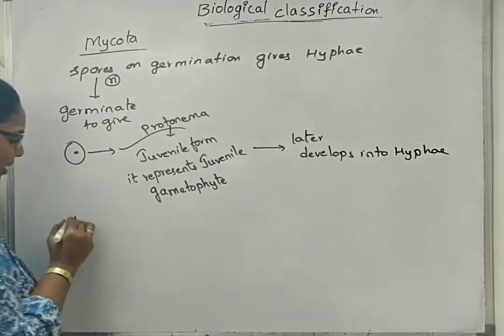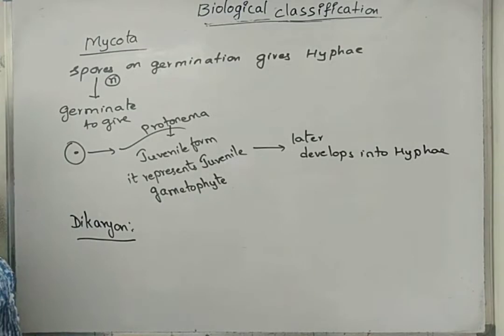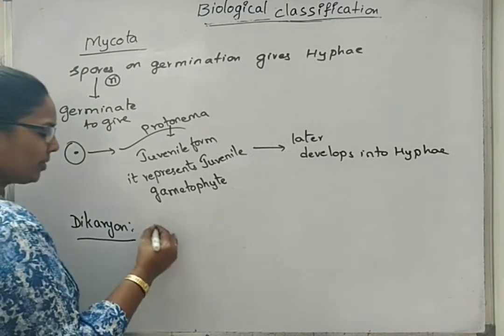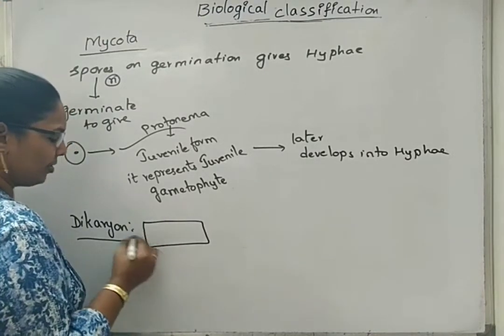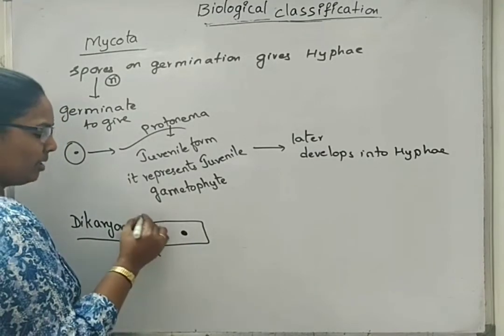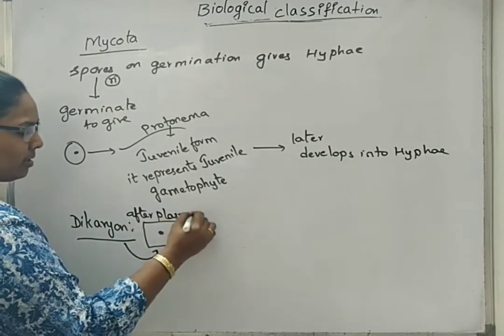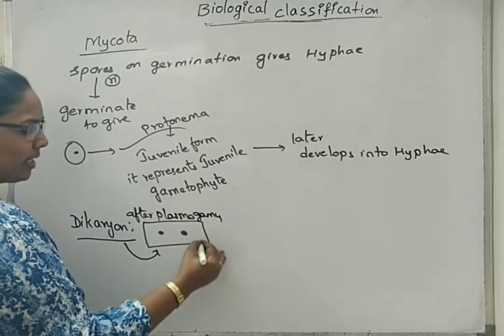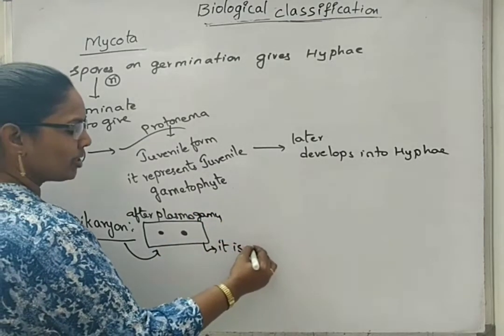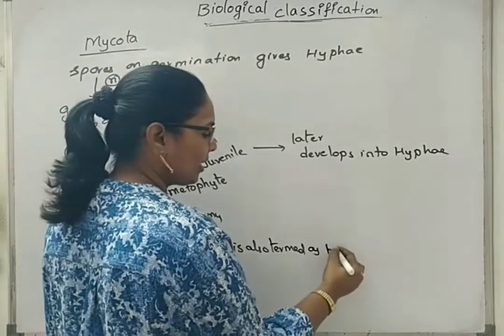Now, one point regarding dikaryon. During sexual reproduction, when two different chambers of two different hyphae are fused, they form the dikaryon stage. If this is the dikaryon with two nuclei, means karyogamy did not happen, just plasmogamy. So dikaryon is after plasmogamy. At this stage, it is also termed as heterokaryotic stage.